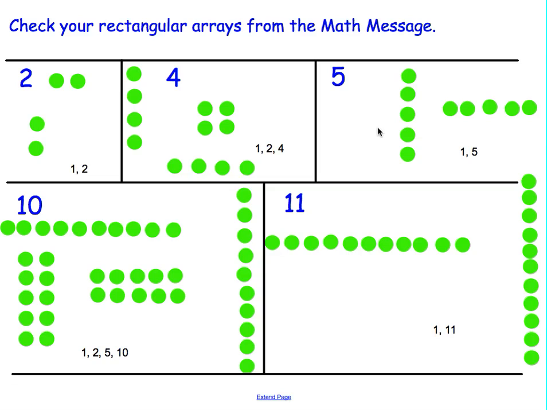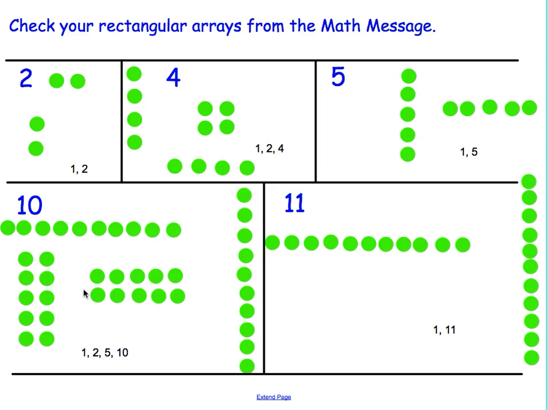Number 5 also was only able to make 2 arrays, either 5 by 1 or 1 by 5. And because of that, it only has 2 factors, 1 and 5. Now the number 10, I was able to make several arrays. I've got a 1 by 10, a 10 by 1, and I was also able to make a 5 by 2 and a 2 by 5.